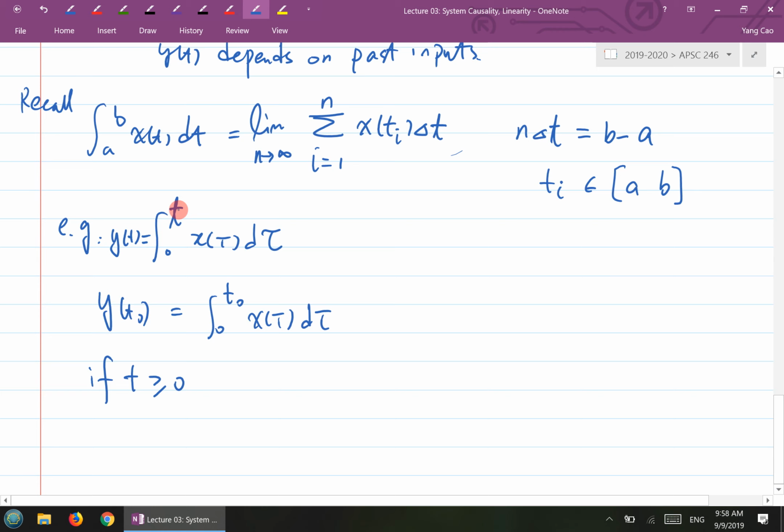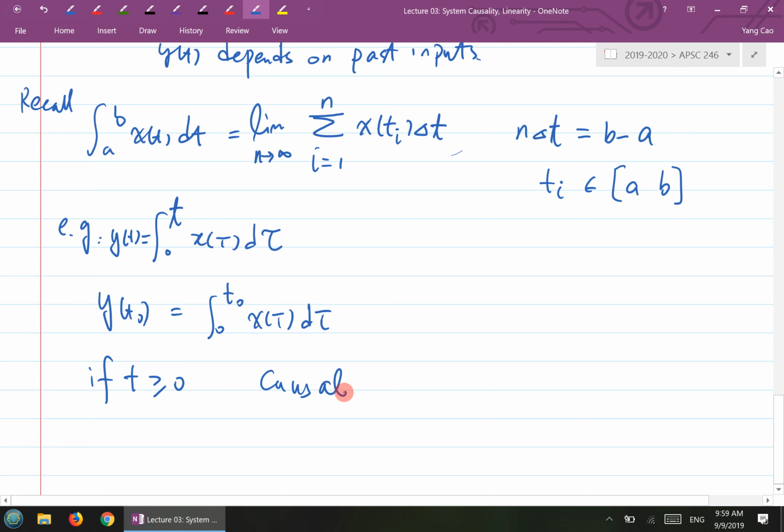In that case, when you plug in any t naught between 0 and t, you can clearly see that your output depends only on the past and the current, possibly x of t naught, right? So this has to be causal.